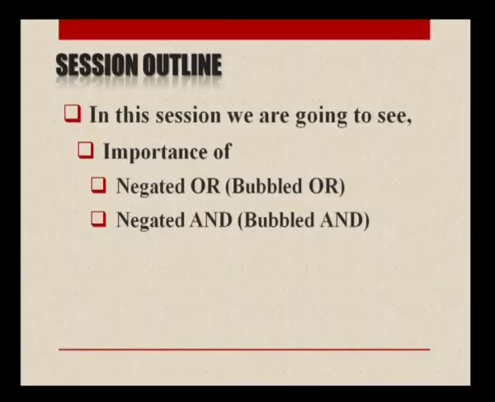But if we had a few more gates which would ease the way of writing and simplifying the expressions, it would help. So, I thought it appropriate in this lecture to introduce two other gates, namely the negated OR gate and negated AND gate, which are also called bubbled AND and bubbled OR. Let us see what these gates are.